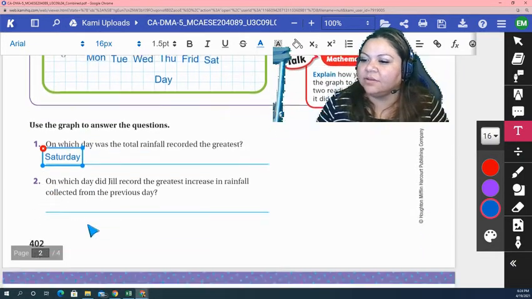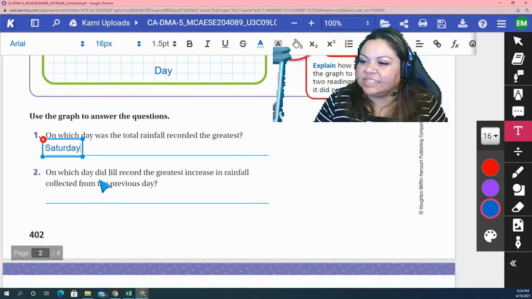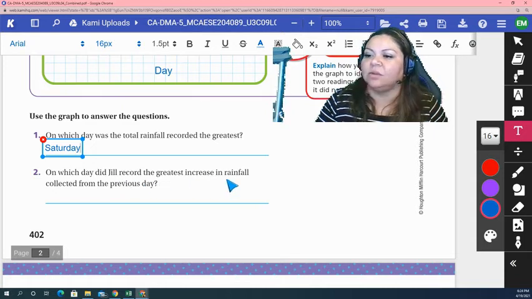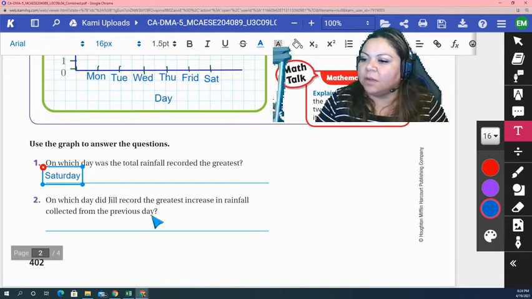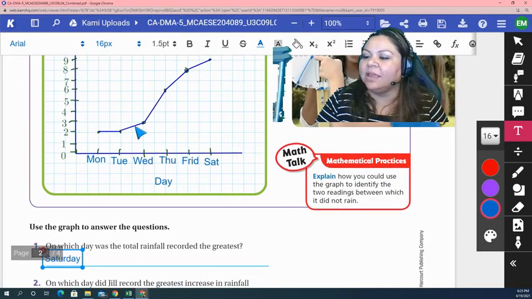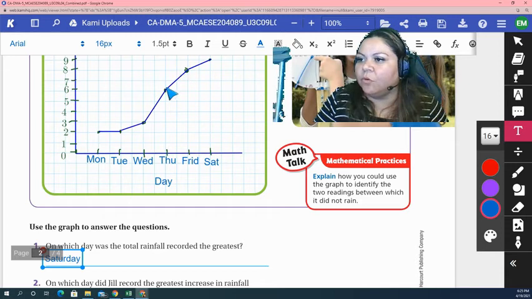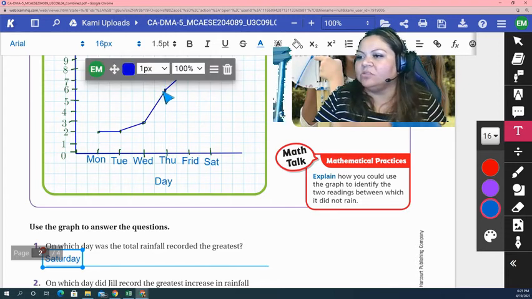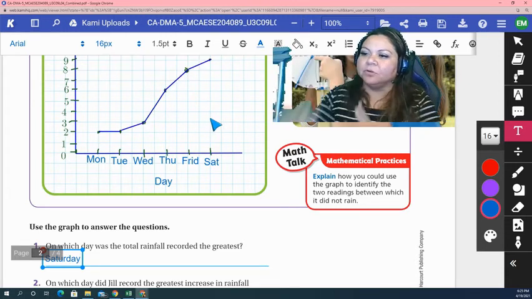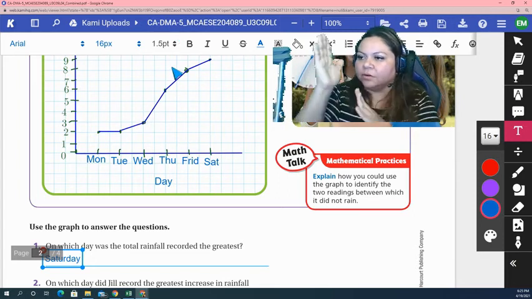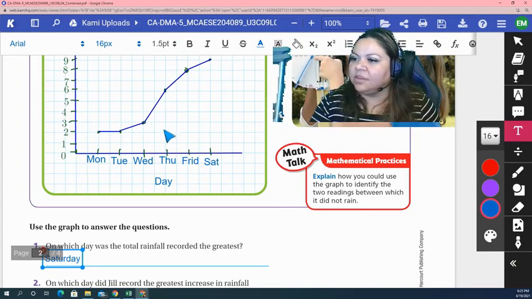And then we could see here that it says, on which day did Jill record the greatest increase in rainfall collected? So when we're talking about greatest increase, meaning when did it go up the highest or the most? So when it's the highest, you will see a steeper line going up more drastically. So if you see here, from here to here, it actually goes up 2 points.